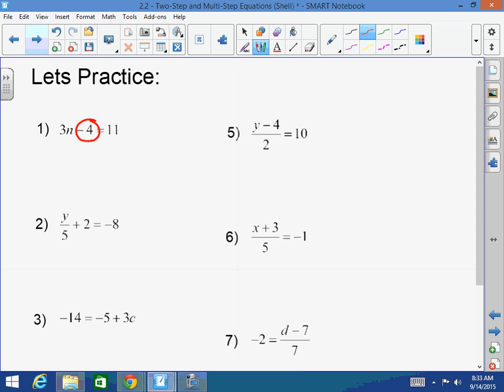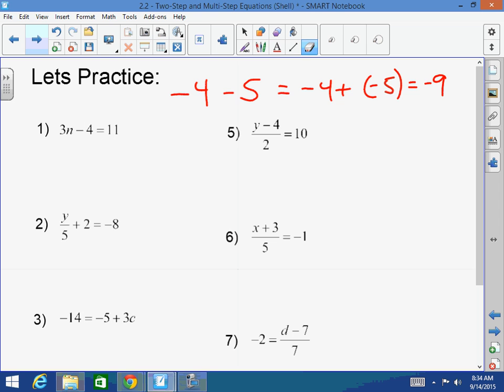Remember what we talked about as far as integers go already: there is no real subtraction. Negative 4 minus 5 really equals negative 4 plus negative 5. There's just addition. You're either adding positive or negative numbers together. So in this case, yes, there is something being added to the n, and it's a negative 4.